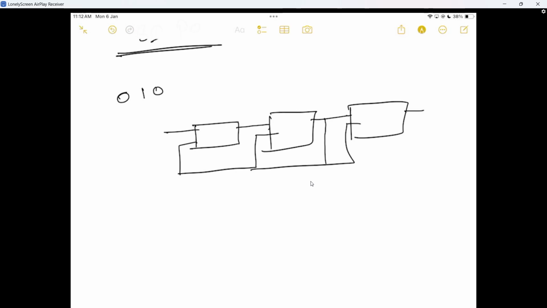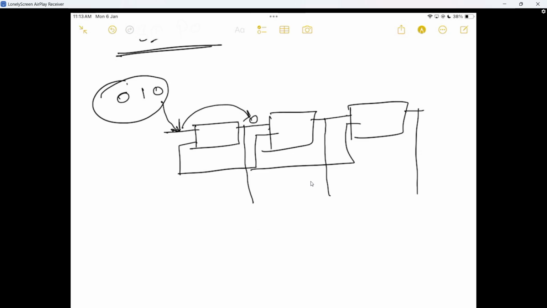The output will be taken like this from here. So the data 0 1 0: in the first clock cycle, 0 enters and is stored. In the next clock cycle, 0 will go here, and this 1 now comes to this part, so 1, and so that is two cycles.